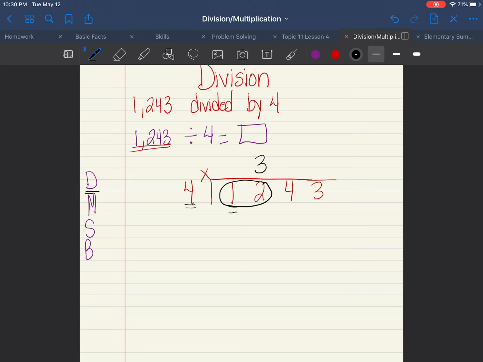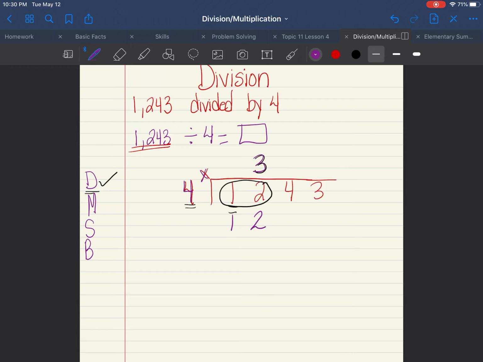How many times can the 4 go into the 12? We actually know that that is 3. So I'm going to write a 3. Notice that I placed the 3 on top of the 2 and not the 1 because we had regrouped. So we don't have 1, we have 12. So I put that number on top.